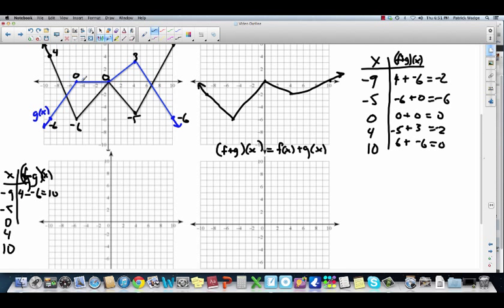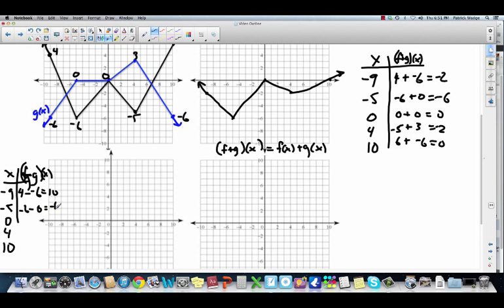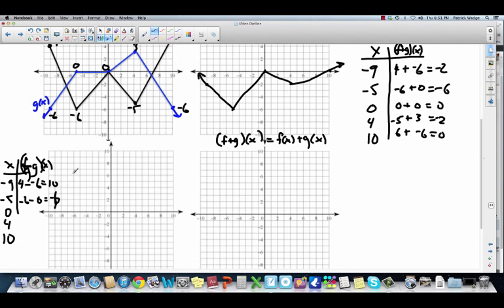The next one, at -5, I have -6 for f of x, take away 0, so it's -6. The next one at 0, it's still 0, take away 0, equals 0. At 4, it would be -5, take away 3, which is -8.